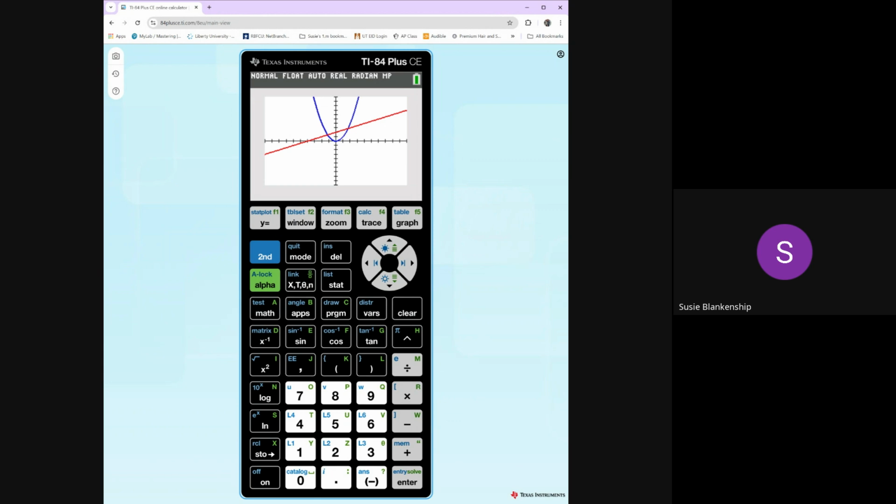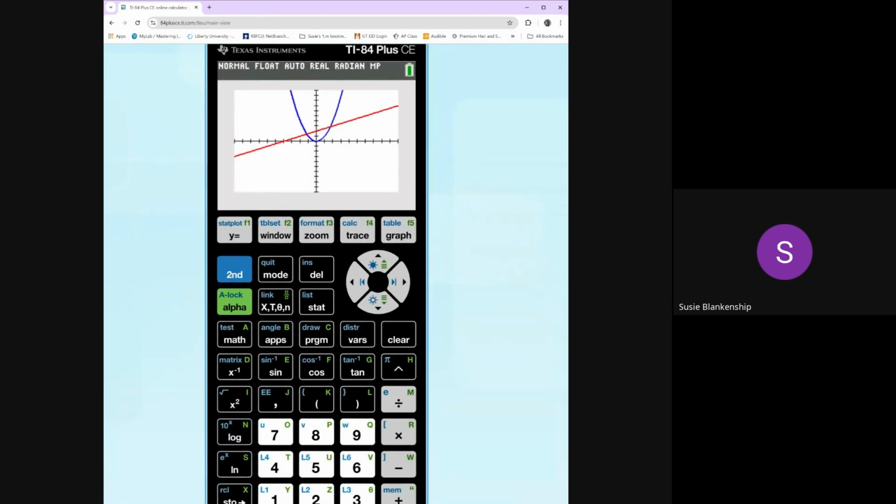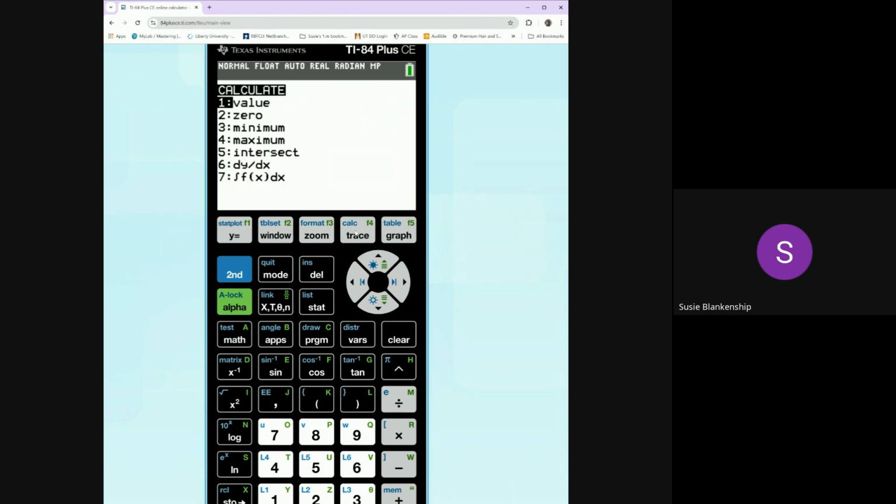Okay, so we see this intersection happening between these two graphs, right here and then right here, okay? So what we want to do is find those points of intersection. So you're going to hit second and the trace calc key, and then we want number 5, intersect.